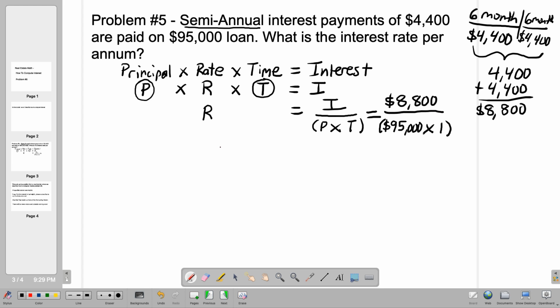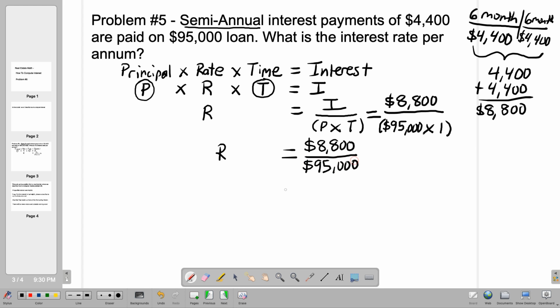All right, so let's compute. So we still have R equals, as the numerator, we have 8,800. And our denominator would be 95,000 times 1. So we have the value 95,000.